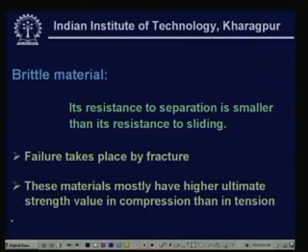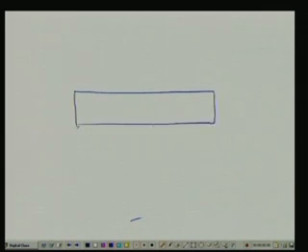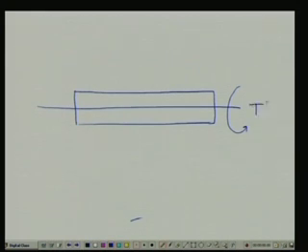Now, we can see one situation: if we consider again a bar, suppose we have a bar acted upon by a torsion, say T. That means you are twisting, giving a simple torsion to a material, as I have shown you in this particular figure.